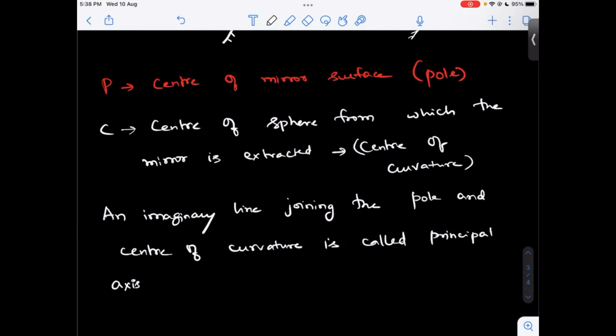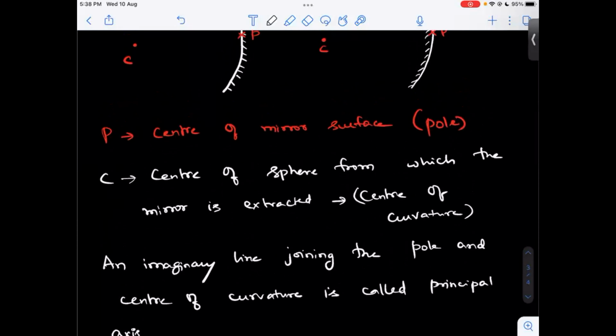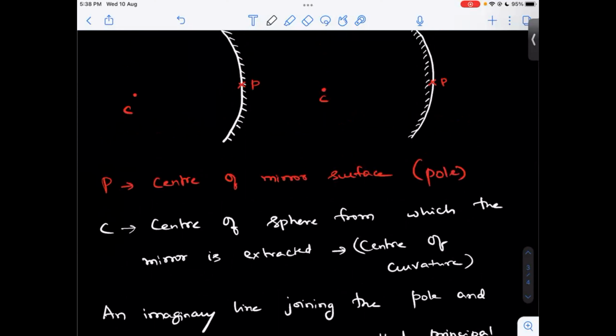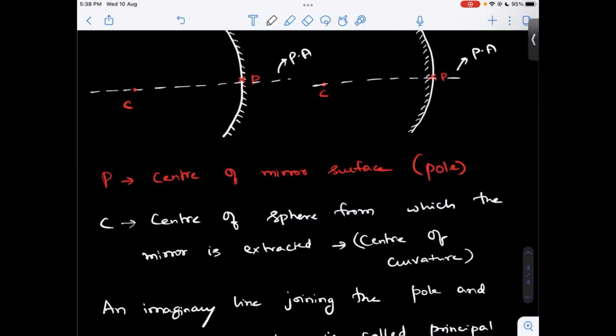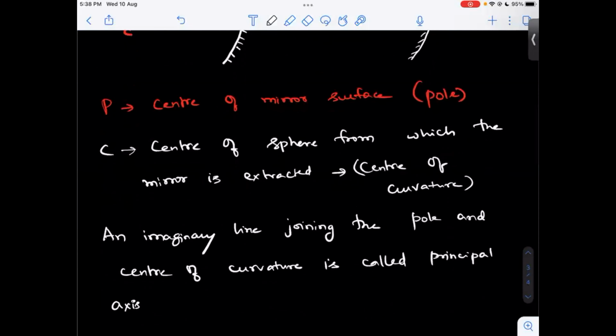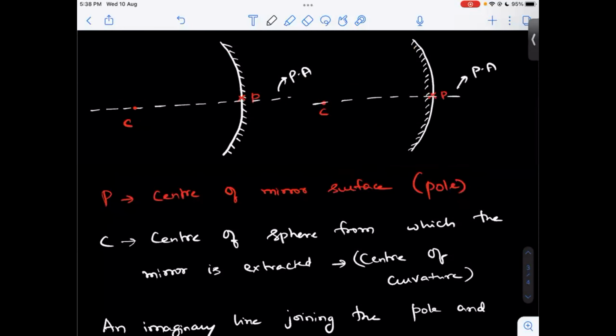An imaginary line joining the pole and the center of curvature is called the principal axis. So if I take an imaginary line through the pole and the center of curvature, then you can call this the principal axis. Is that point clear?